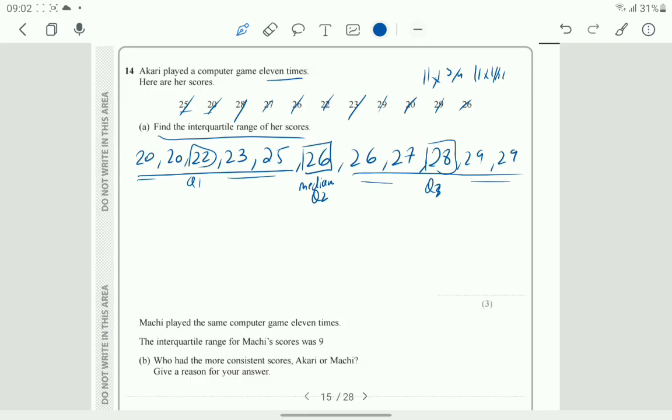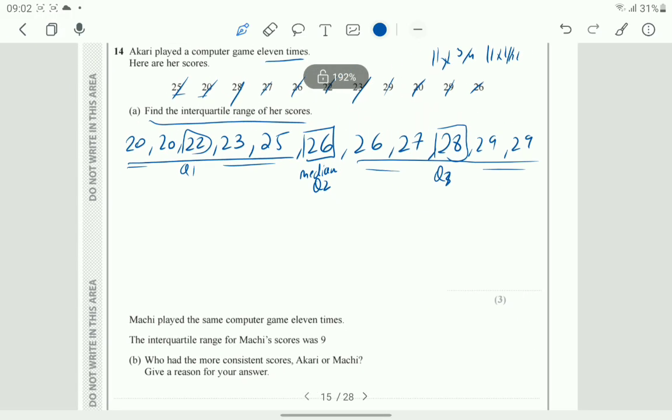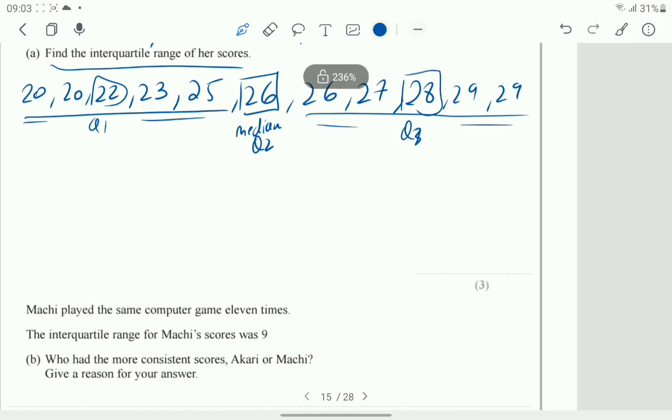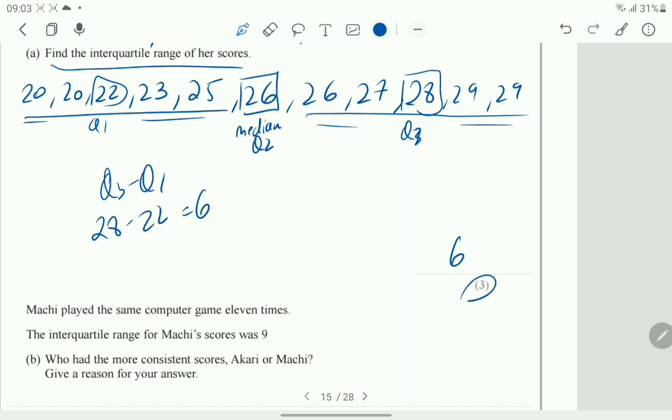If there is an even number of data items, you can just take the mean of those two center values that you find as median or in interquartile range. So Q3 minus Q1 is the interquartile range. So we have 28 minus 22, that is 6. 6 is your interquartile range.